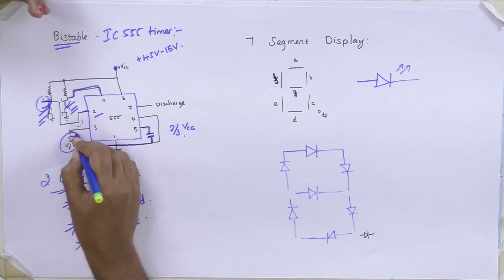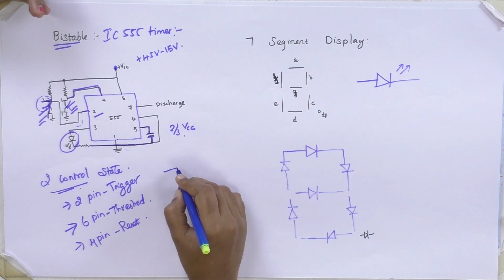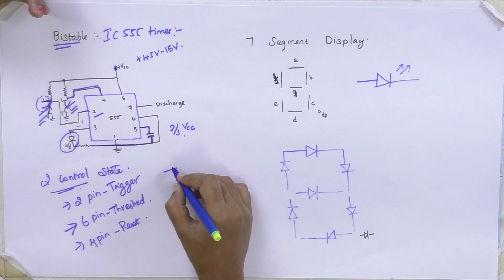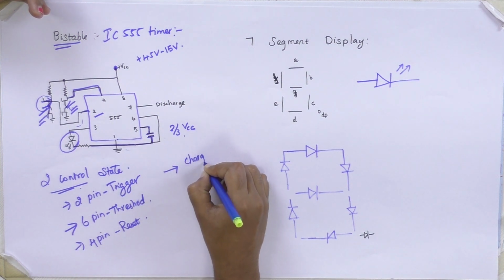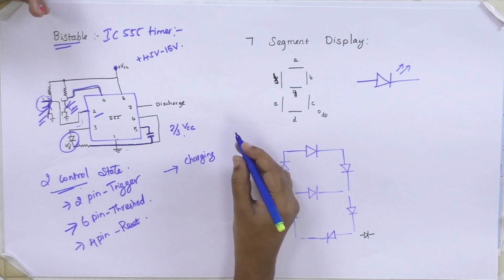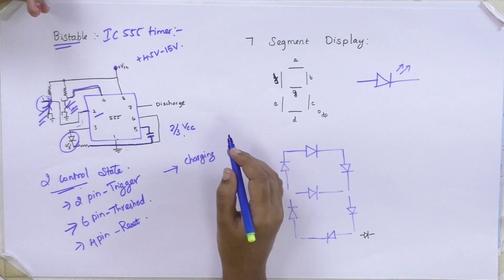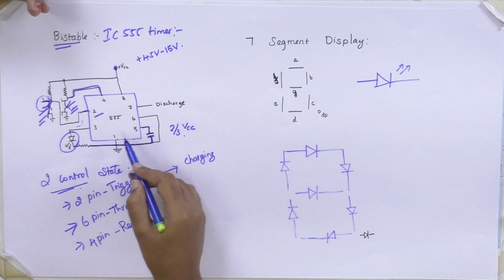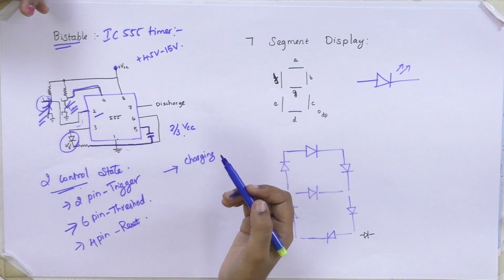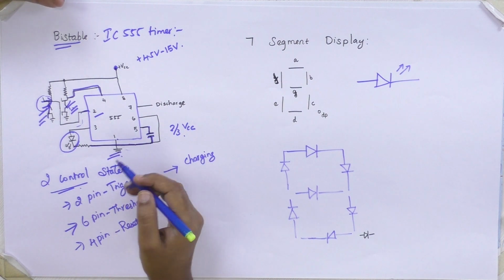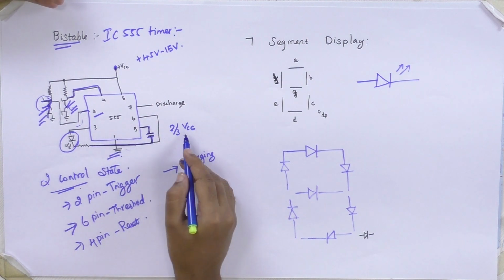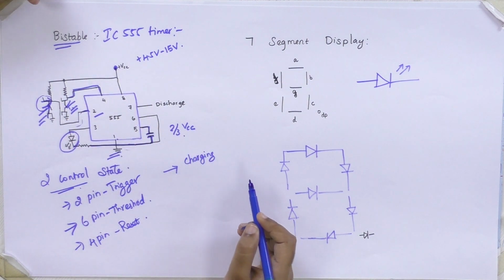This LED light will indicate the state: when this light glows, your capacitor is charging. Once the light is off, your capacitor starts discharging. This is how we identify the charging and discharging state of the capacitor in the bistable mode of operation.